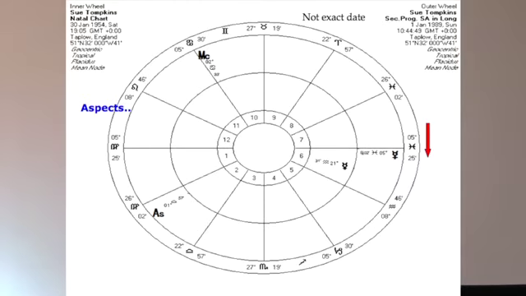And here's an example from my own chart. Some of you will be looking at this film because you know of my books. I have Mercury in the 6th house, this is slide 26, at 21:31 of Aquarius. And yes, when my first book came out, I had progressed Mercury on the descendant.